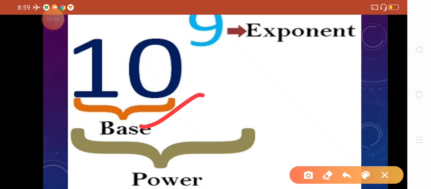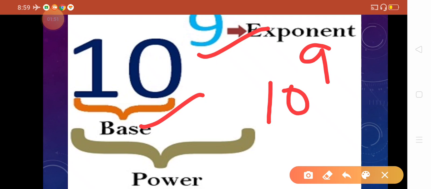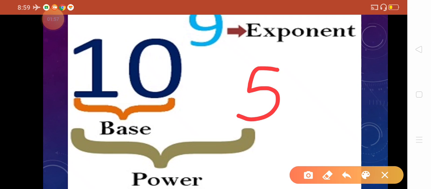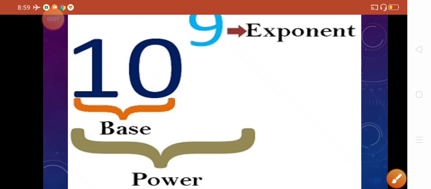Here 10 is the base, 9 is the exponent, and the complete 10 raised to power 9 is known as the power of 10. Similarly, 5 raised to power 6: the exponent is 6 and the base is 5.